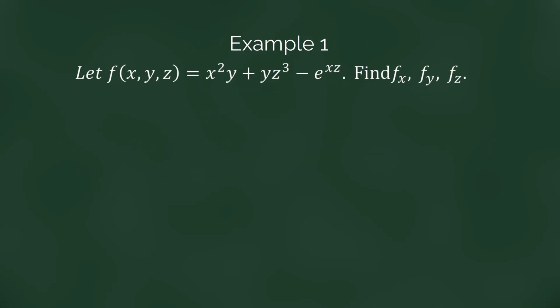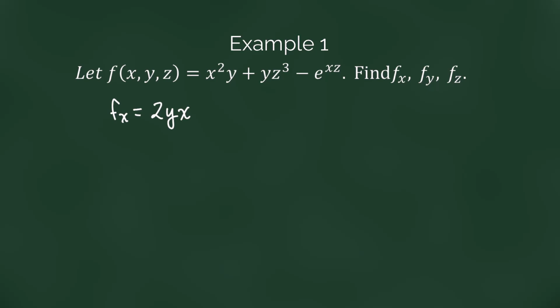Here we're going to look at the function f of x, y, z, and we're going to find the partial derivative with respect to x, the partial with respect to y, and the partial with respect to z. So our partial with respect to x, we're holding y and z as constants. So in the term x squared y, since y is a constant, we're going to get 2yx, or of course we could write that as 2xy if we want. The term yz cubed doesn't contain any x's.